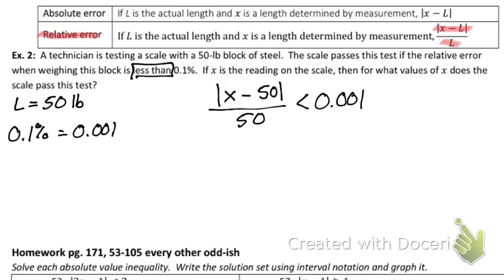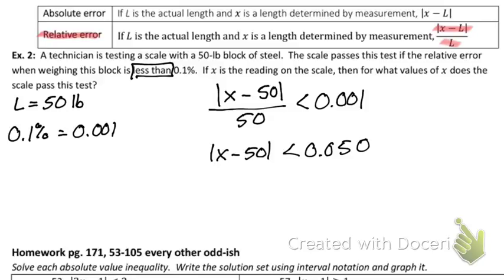So the first thing I'll do is multiply both sides by 50 to give me x minus 50 is less than 0.050. We really don't need that 0 in the end. I'll probably get rid of it in the next step, but for right now we'll leave it. Now it's an absolute value that's less than. Absolute values that are less than are between two things.